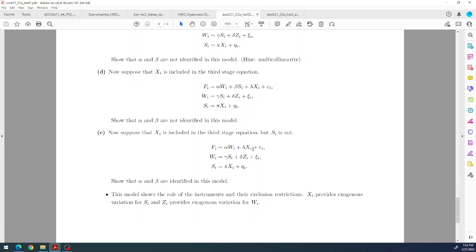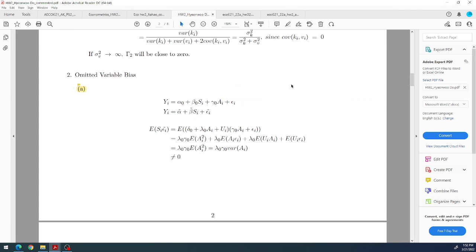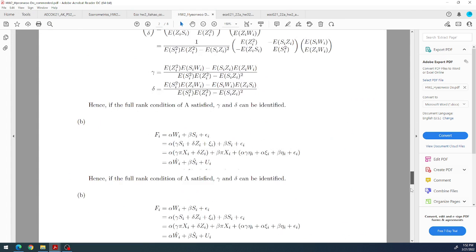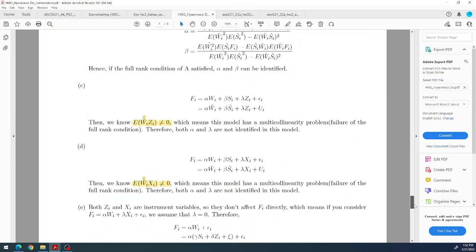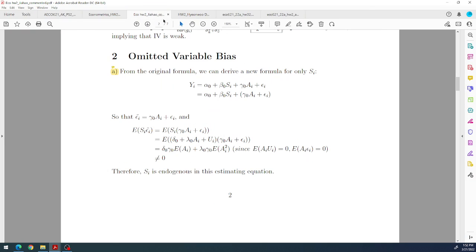Both are straightforward. It's easy to show that. Pretty clear, right? You just show that there is no multicollinearity, then you have full rank, and exogeneity is pretty straightforward. So the last question was maybe difficult, so many of you struggled in answering them.